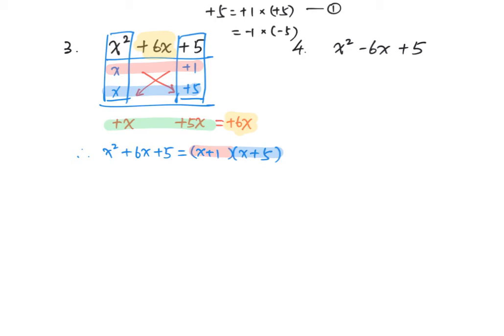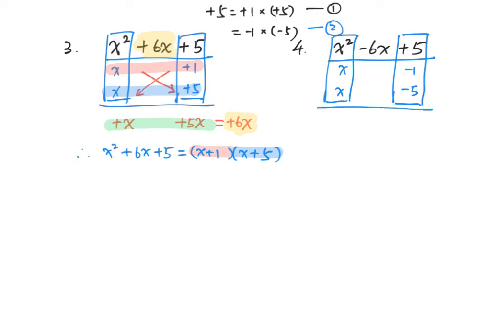Okay, let's see the next question. x squared minus 6x plus 5. We use the cross method. x squared can be factorized as x times x. And for positive 5, for this question, we choose the second way: negative 1 times negative 5.